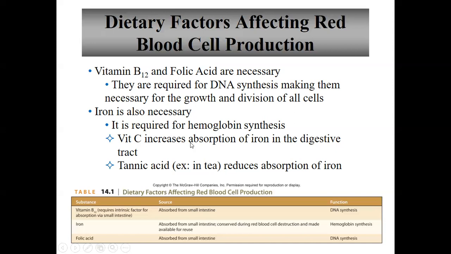So if you are lacking iron, one of the ways that you can increase your iron absorption from food is to make sure that you have adequate vitamin C in your diet. Tannic acid will then reduce absorption of iron. So if you happen to be a person that has too much iron, then drinking things like black tea, green tea, white tea will increase the amount of tannic acid in your body, and that can reduce iron absorption.